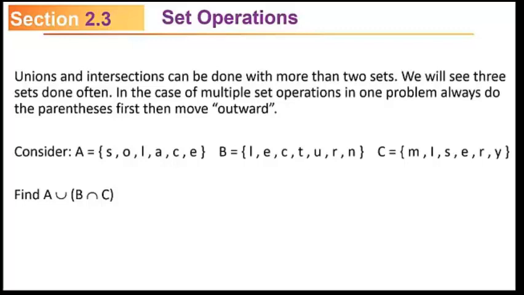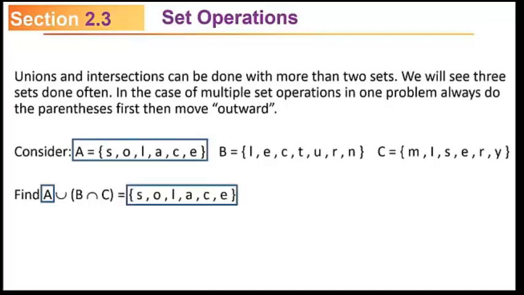There's no necessarily single way to get started, but since A is sitting right there on the left, I might go ahead and just put in the set S-O-L-A-C-E for that.